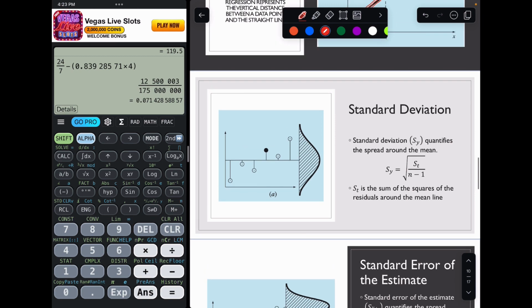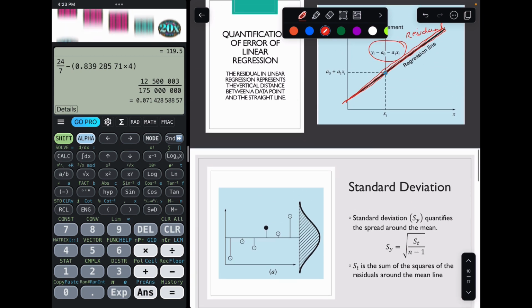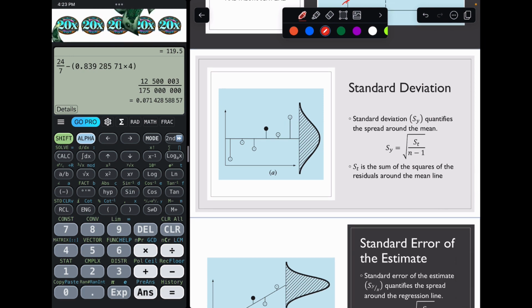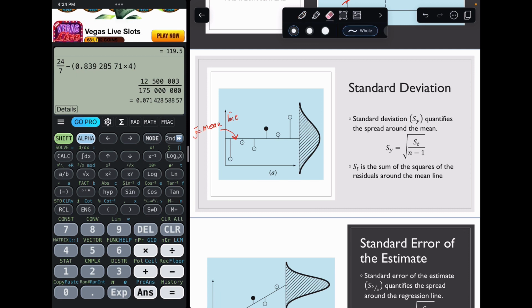There are two things that we are after here. How do we represent that error? We have two lines here. This horizontal line is the mean line, the y bar, the average among the y components of the data points.